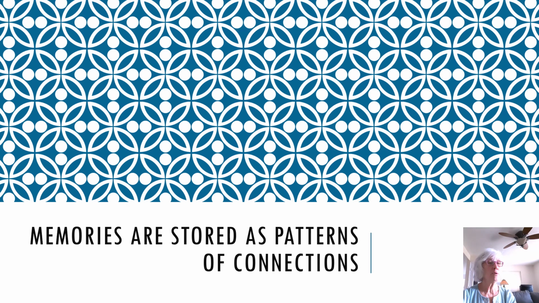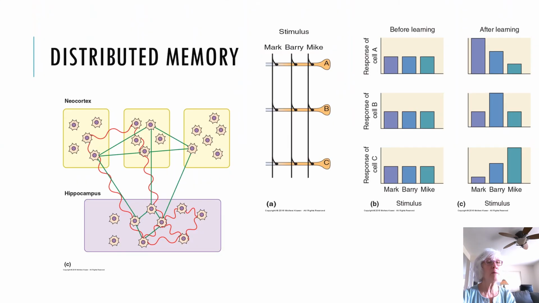But I want to add that the memories are stored as segregated patterns of connections. And what I mean by that is that we said that memories are distributed, and this is one of the theories of how memories are distributed between the hippocampus and the cortex of the brain.